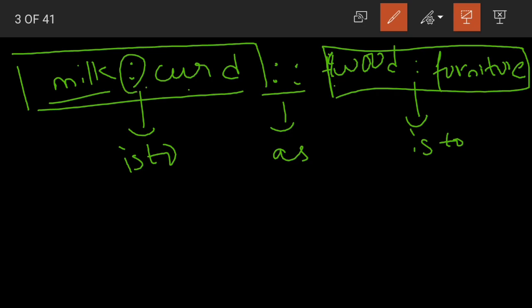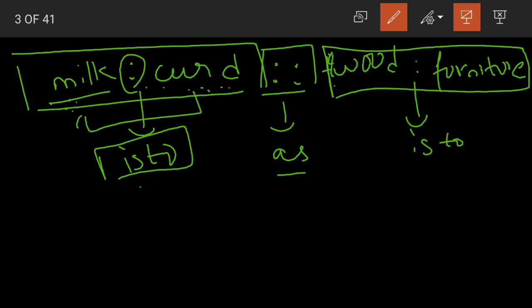Understood? How do we read this? These two dots here are read as is to, and these four dots here mean as. What is the meaning of this actually? That milk is to curd. What is the relationship between these two children, milk and curd? Curd is made from milk. Now this is the relationship between our first pair of words.